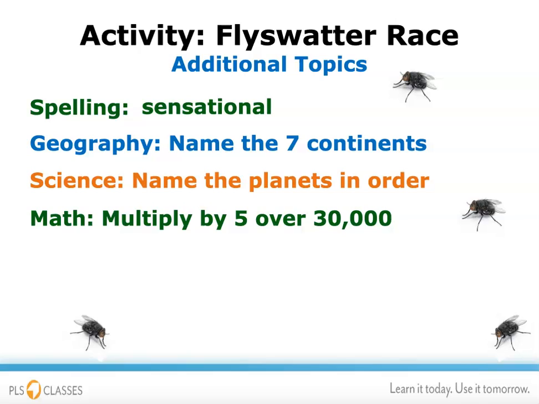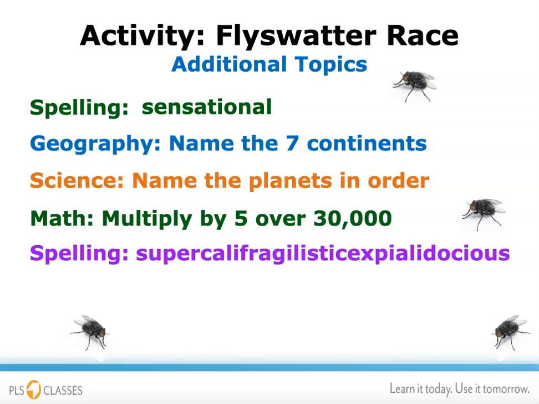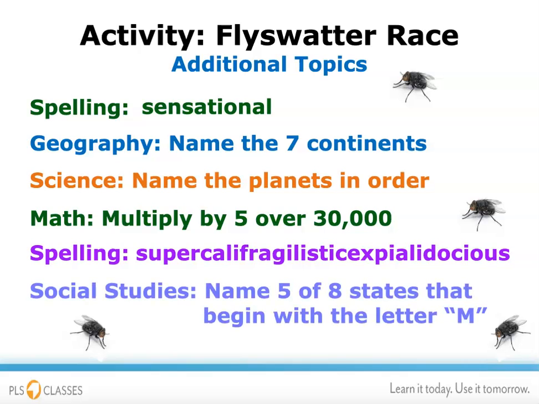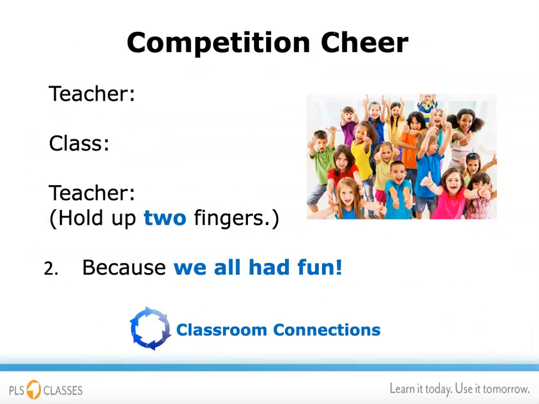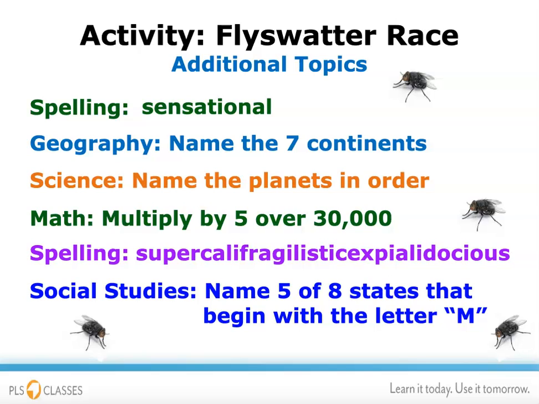Math. Multiply by 5 over 30,000. Spelling. Supercalifragilisticexpialidocious. Social studies. Name 5 of the 8 states that begin with the letter M. Math. Multiply by 7 over 100,000.